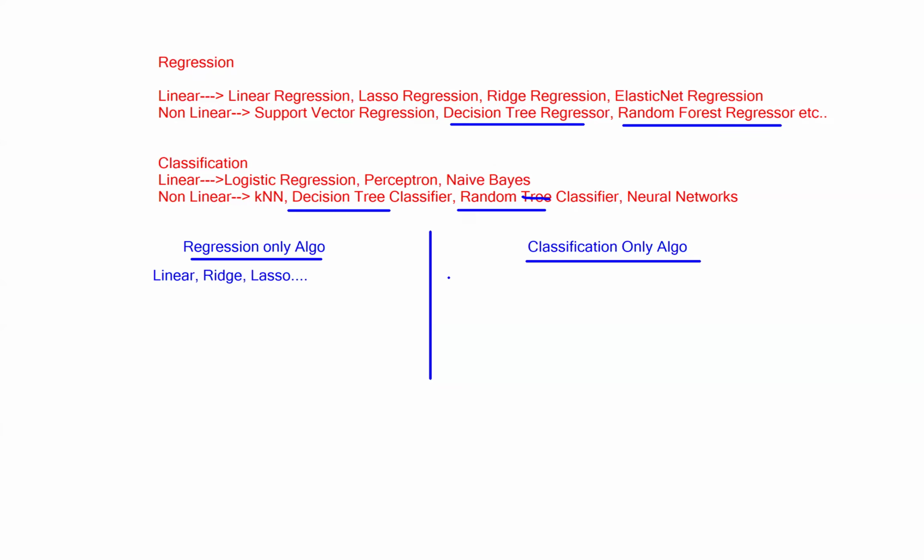Now, if I talk about classification only algorithms, we have logistic regression, naive Bayes, linear discriminant analysis, quadratic discriminant analysis, softmax classifier. There are a lot, right?